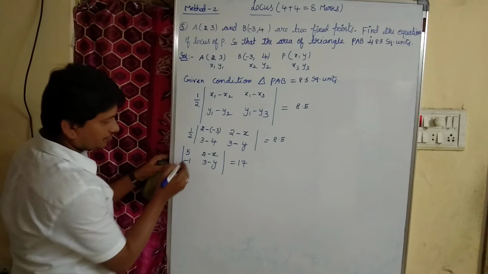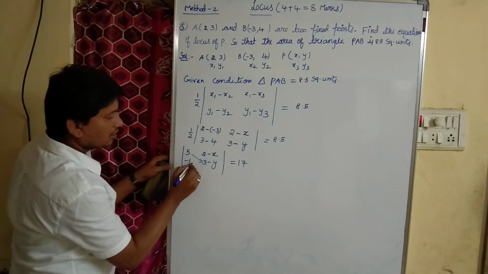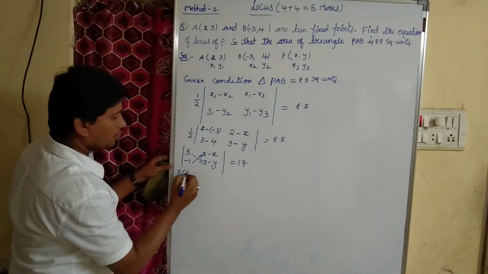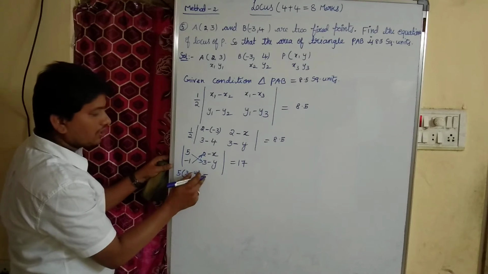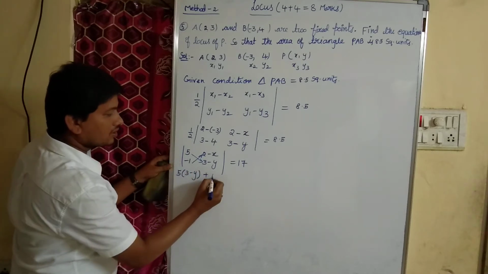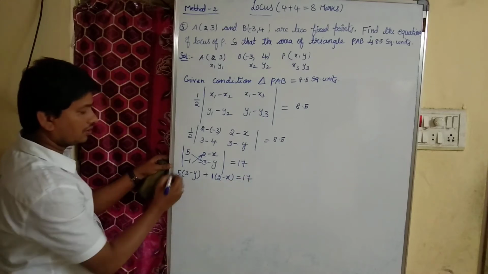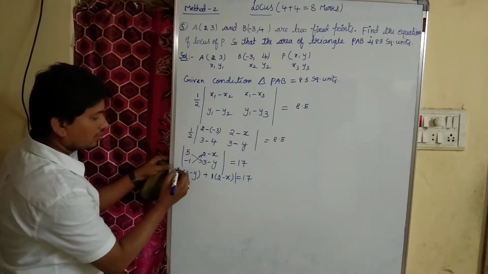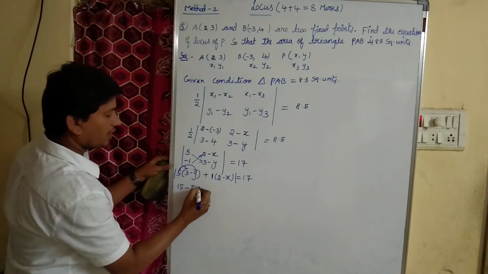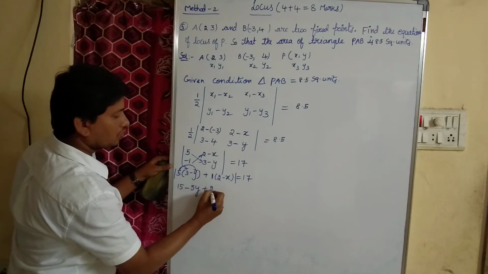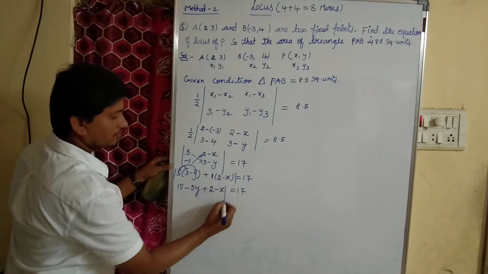Now the modulus of AD minus BC, that is 5 into 3 minus y, minus into minus will become plus 1 into 2 minus x, that is equal to 17, right? 5 3s are 15 minus 5y, plus 1 into 2, 2, plus 1 into minus x, minus x, equal to 17.